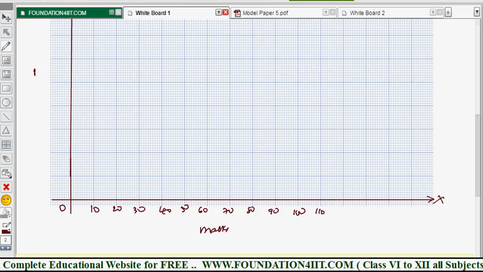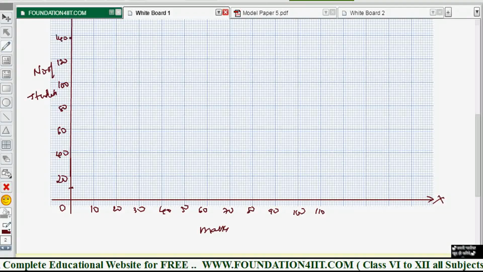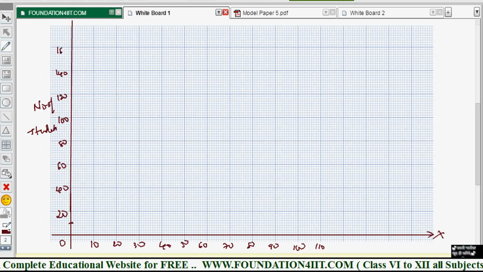And for the number of students, I am taking half a centimeter as 10 points, so 20 units: 20, 40, 60, 80, 100, because we need till 150, so 120, 140, and next is 160, so it will be like this.